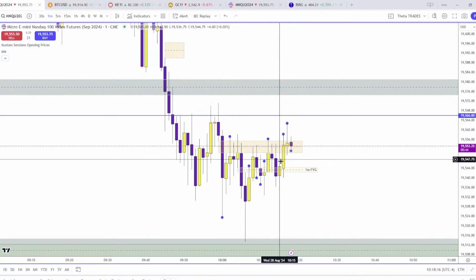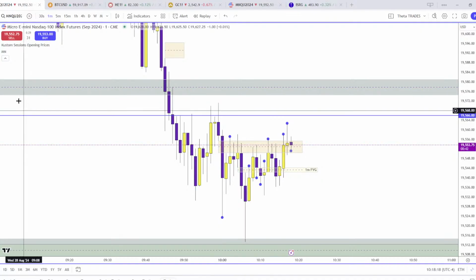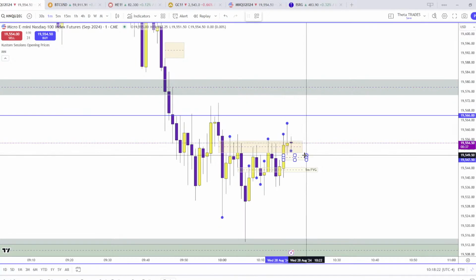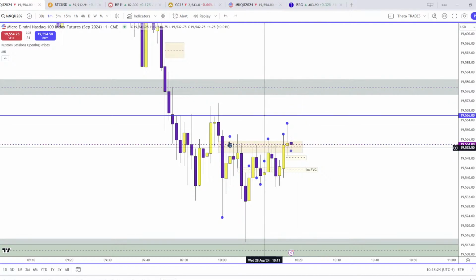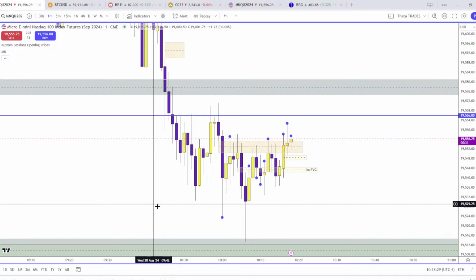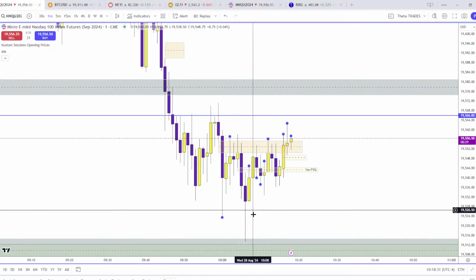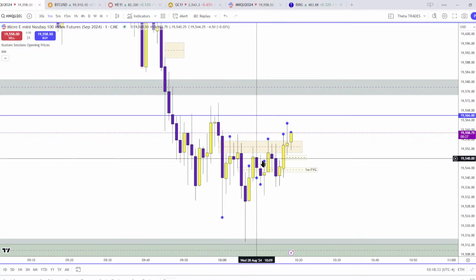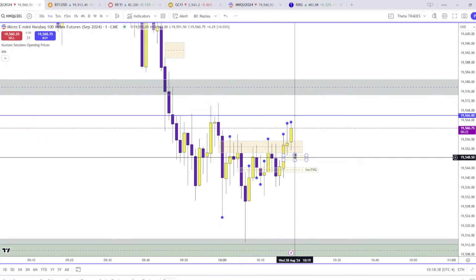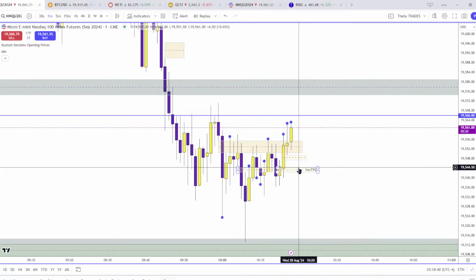Watch here. I'll mark it out for you just so you can see. So always look at these fair value gaps here. That's the one we want to see. We want to see it stay open and price continue to climb higher now.